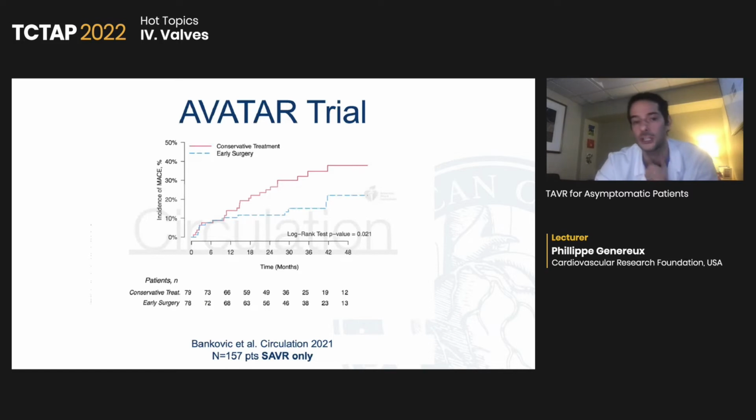Recently at AHA, the AVATAR trial was published in Circulation. Again, a small study, 157 patients, only surgical AVR. You can see actually the incidence of mortality, stroke and MI were lower in patients treated early with surgery compared to conservative treatment.